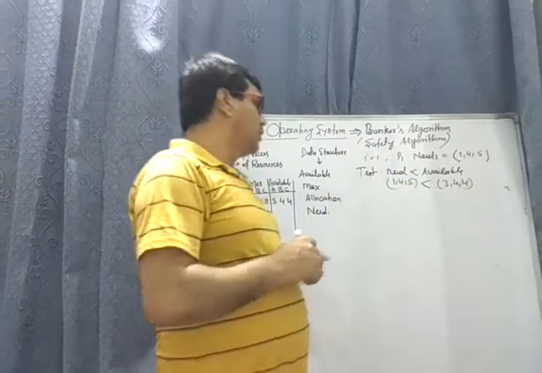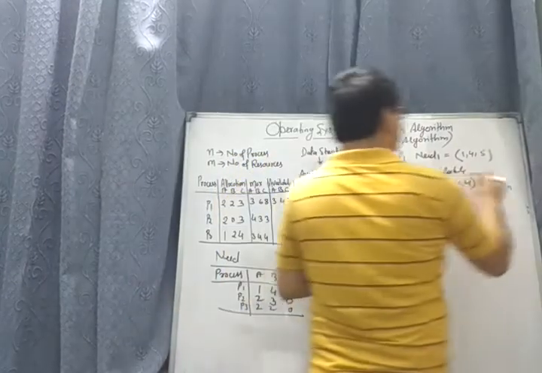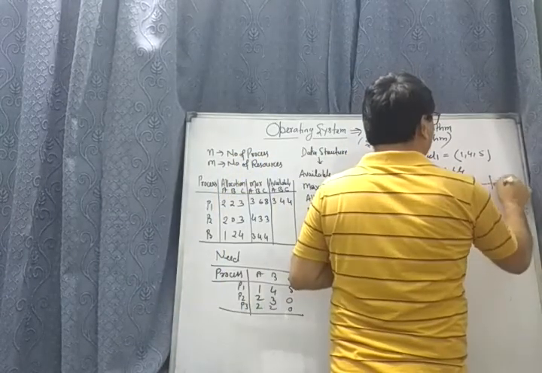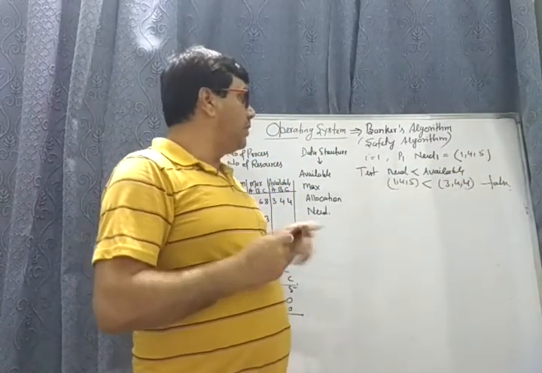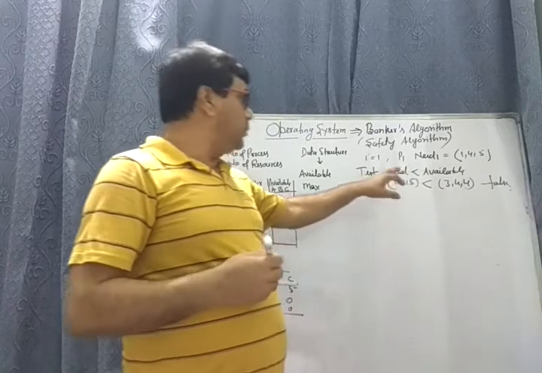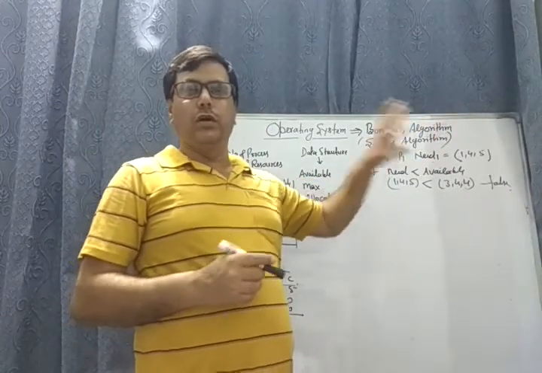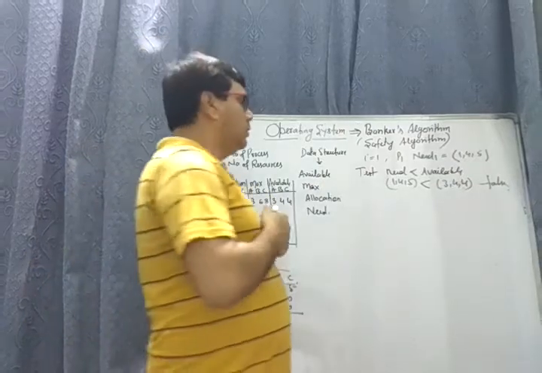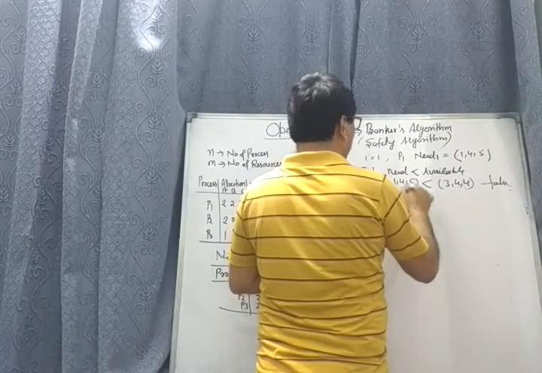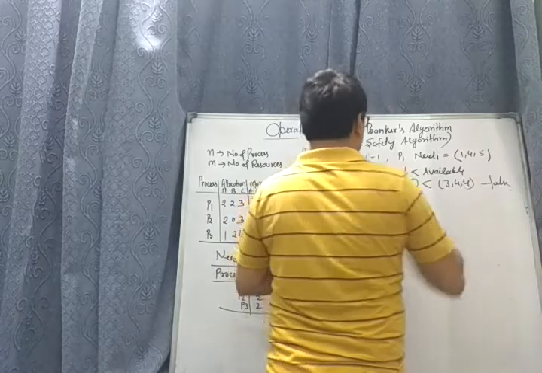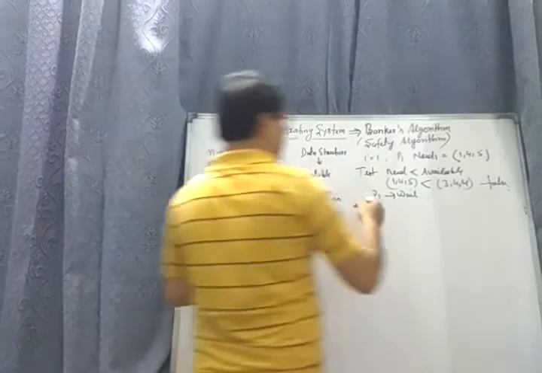Look here, 5 is greater than 4, that means the condition is false. Here need less than available is false. It means P1 has to wait. Then P1 will not be allowed to execute. That means P1 needs to wait. Now again take process P2.